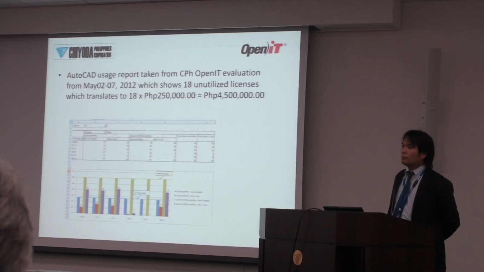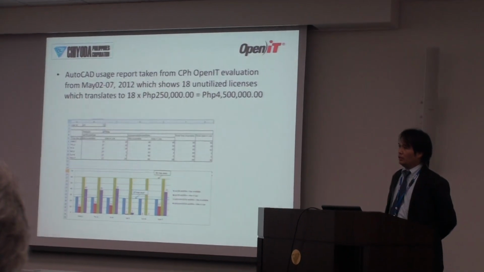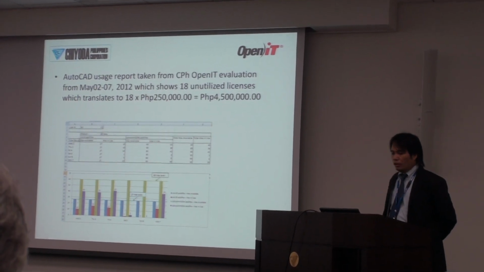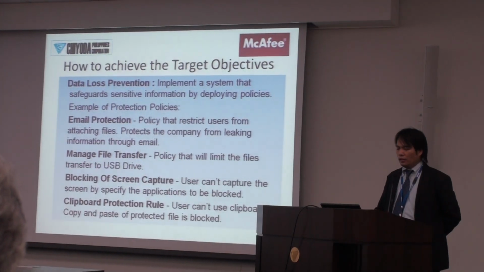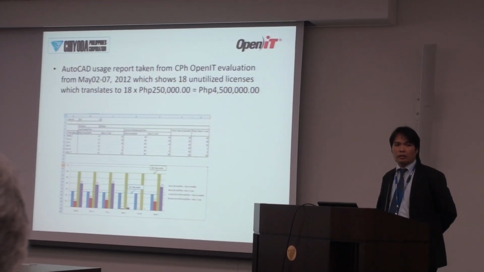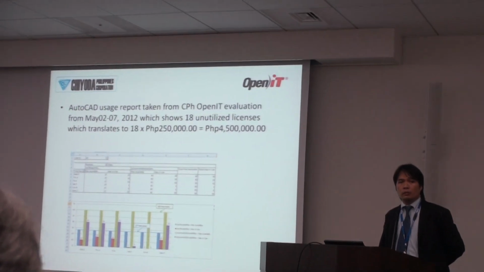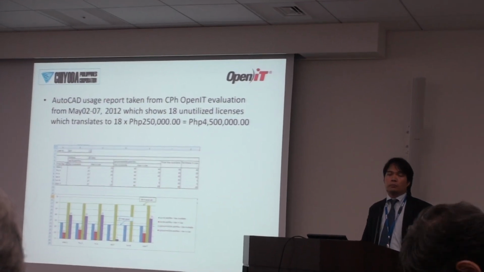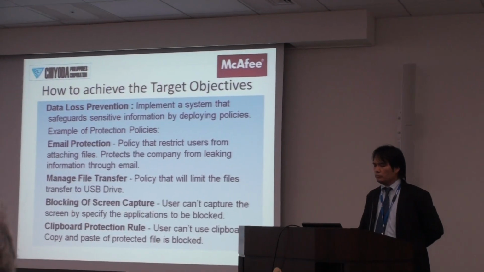That is 4.5 million pesos wasted. Now, this software helps us to check. So it's a good application on our side to make sure that our license is properly utilized. That's the main idea of this software metering.